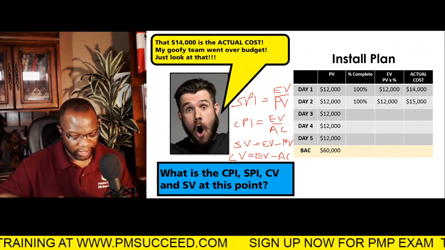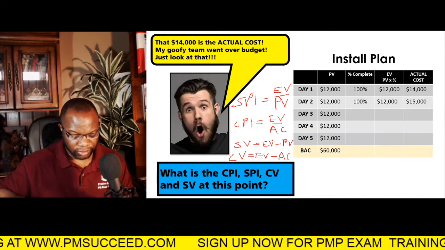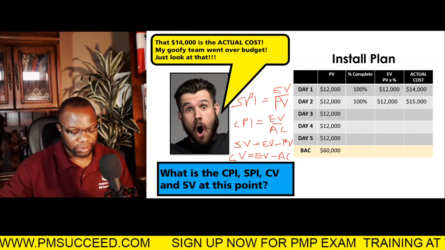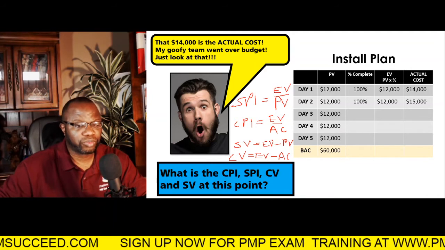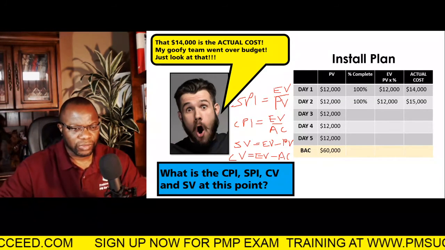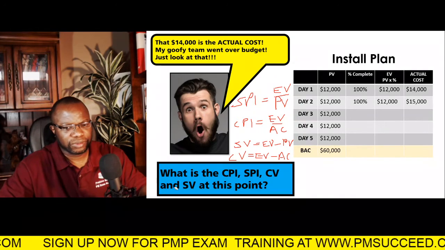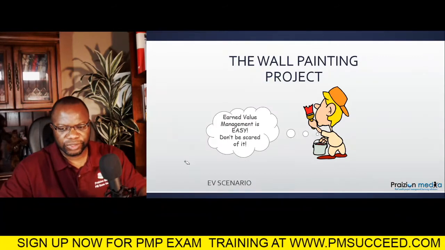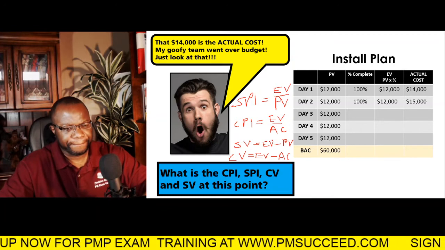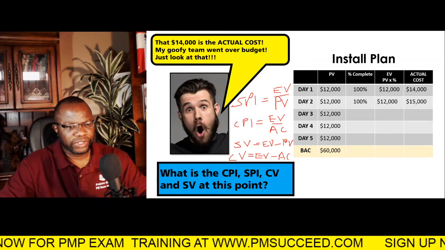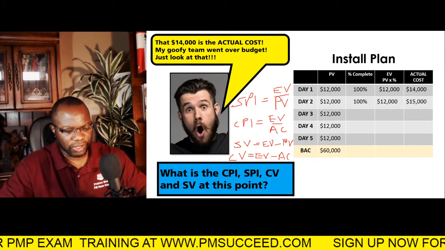Let's do that with a calculator. 12 divided by 14. And that gives 0.857. I'll round it to 0.86. And if you take these same numbers, exactly the same numbers, I'm sorry, I wasn't showing you what I was doing. All right, so you got that, okay? If you take these same numbers, I'm going to show you here in a second.